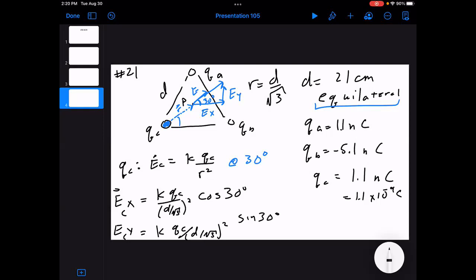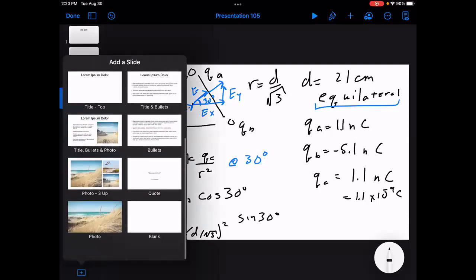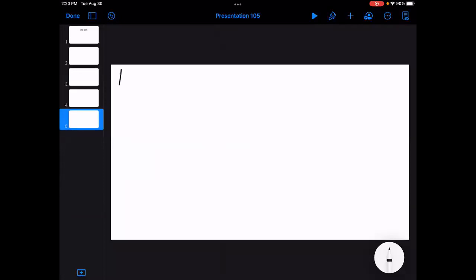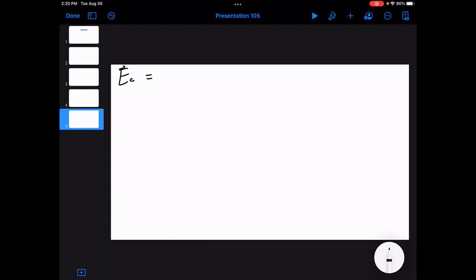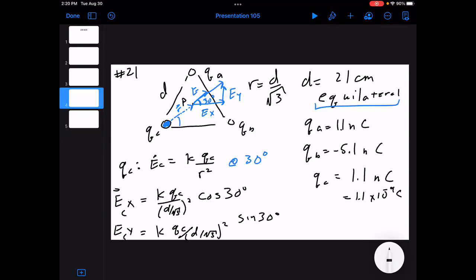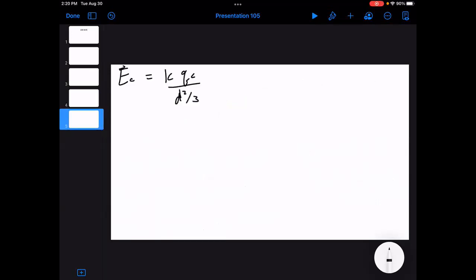Reasonable, everyone kind of happy? Okay, let me put this on its own thing. So the electric field due to C is K QC, and since we're squaring that, I'm just going to say d squared over 3 to not have to pay attention too much to that root anymore.